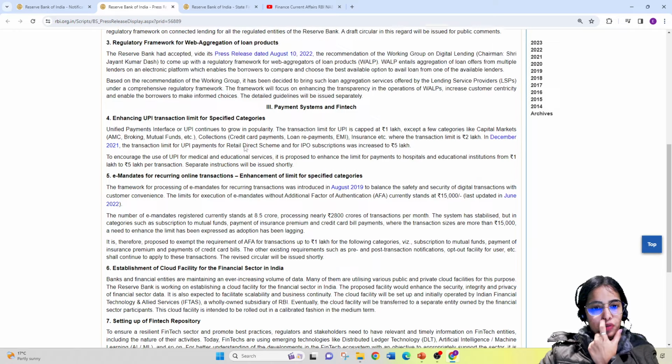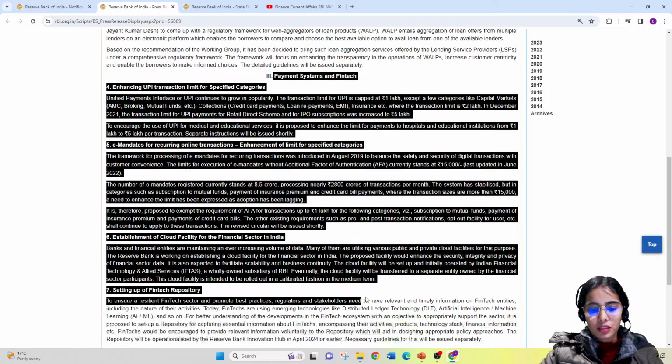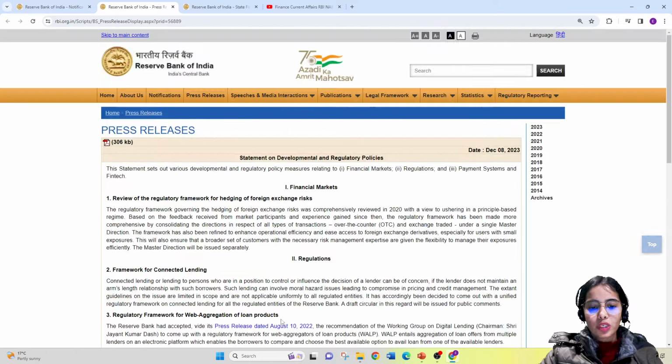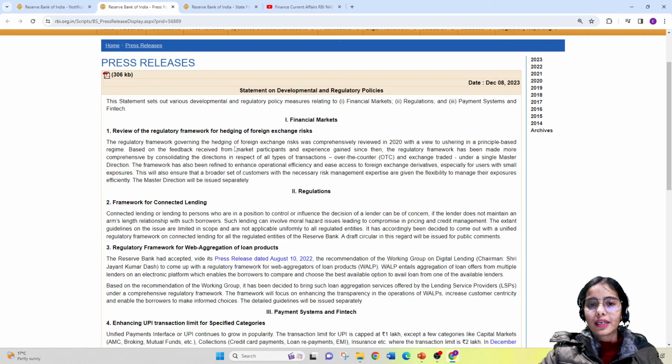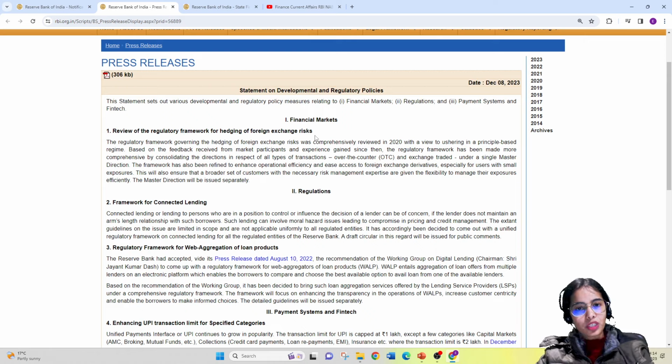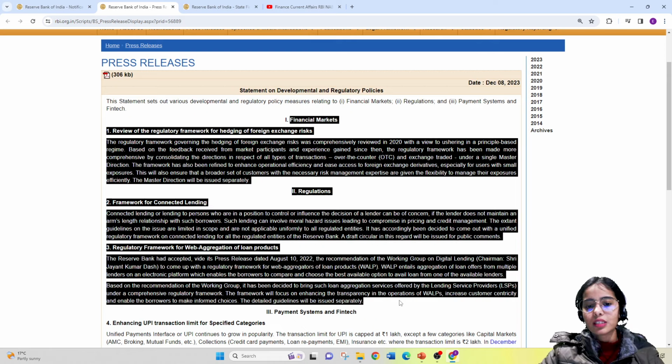We have already discussed this part, and I have noted that we have to cover it. When the detailed guidelines come in the coming 2-3 months, we'll cover this part in detail. Do not worry, I put these notifications or press releases in yellow that we have to discuss in future.